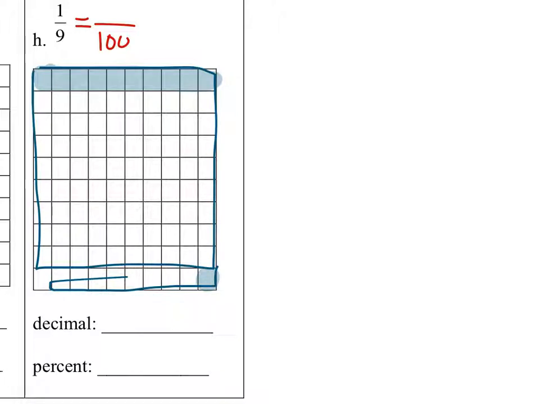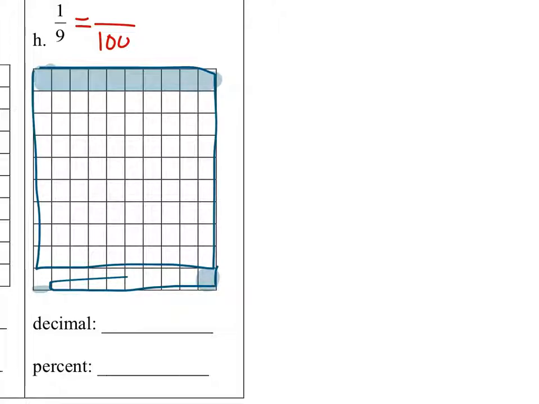Let's fill it in like this. Very small. All right, so I filled in 1 out of these 9 rows, 1 out of these 9 squares, and then 1/9 of this last square. So one of the squares was filled in only partially, 1/9.